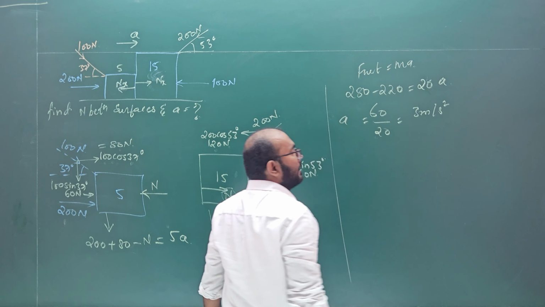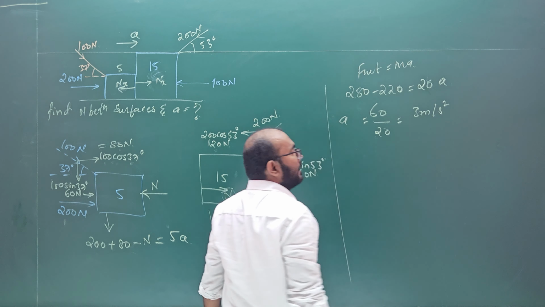Now substituting the value of a in any equation, you will get the value of normal. So substituting 3 as the acceleration, 200 plus 80, that is 280, I will write it, 280 minus N is equal to 5 into 3, or we can write this as normal is equal to 280 minus 15, and the normal is nothing but 265 Newton.